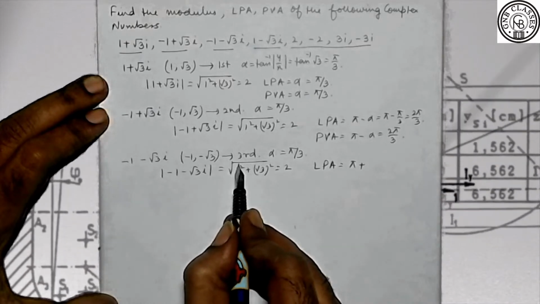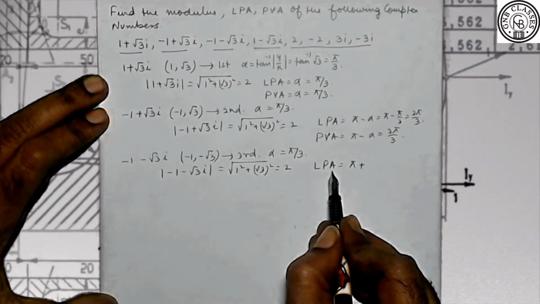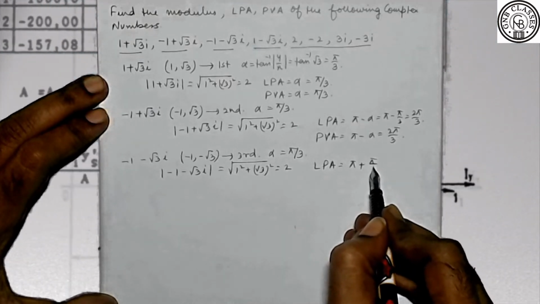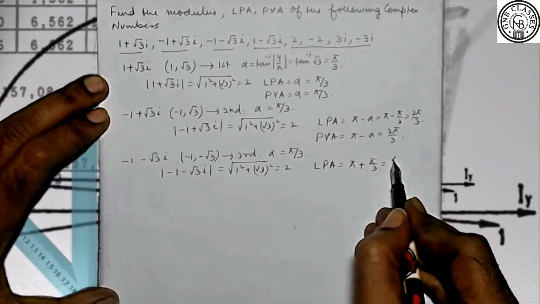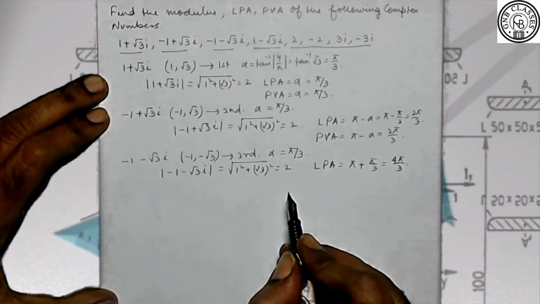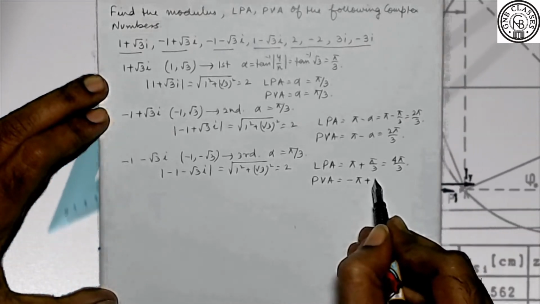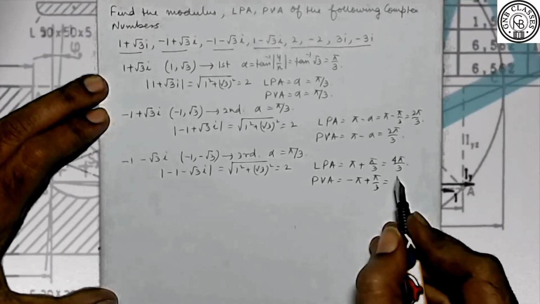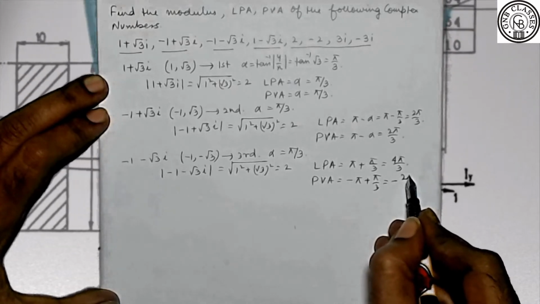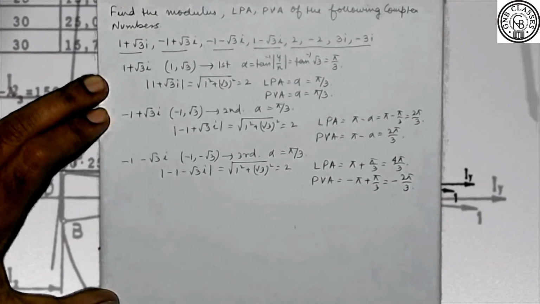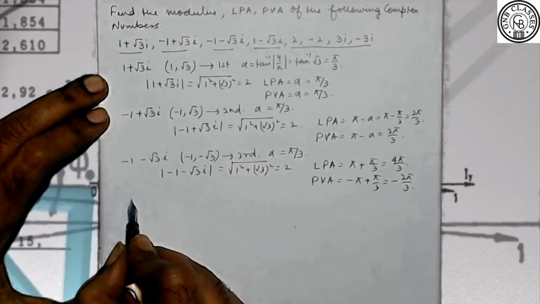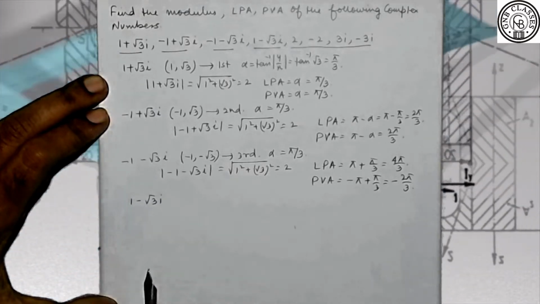Since it is falling in the third quadrant, least positive argument will be pi plus pi by 3. That gives us 4 pi by 3. But principal value argument will be minus pi plus pi by 3. That gives us minus 2 pi by 3. Is it clear?